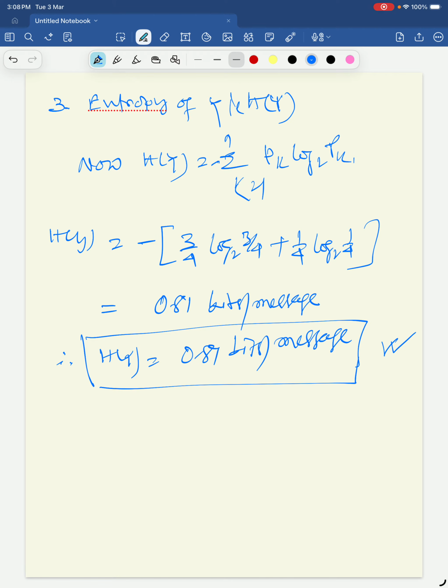Now we will calculate the joint entropy, number 4. Joint entropy, that is H of x comma y.